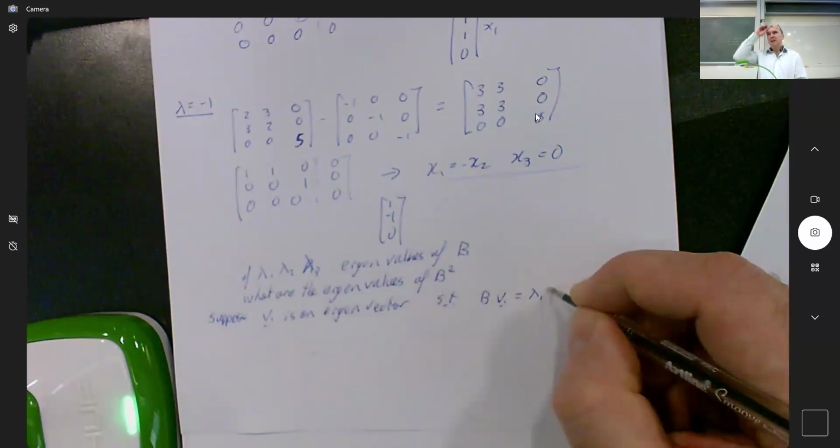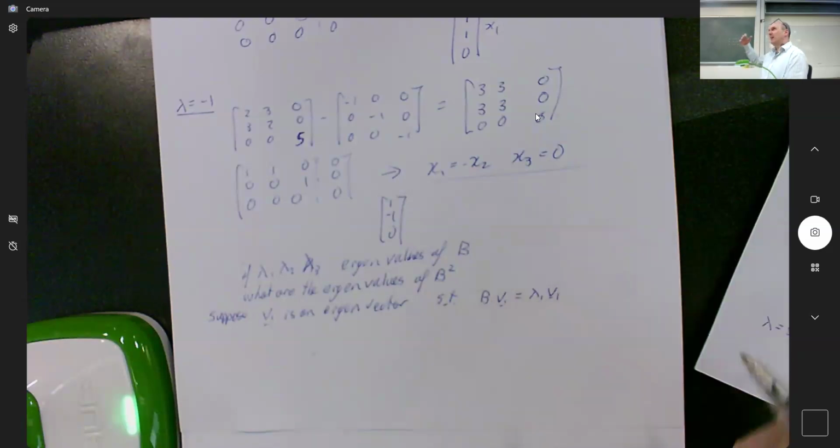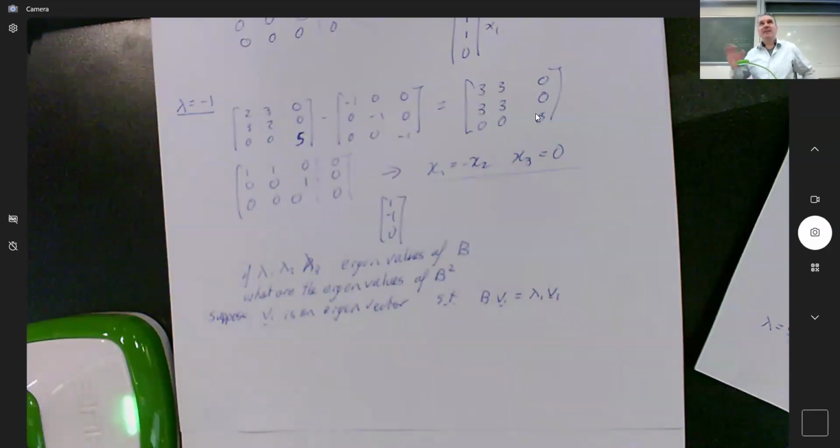All right. Because we're told it has eigenvalues, we can take a guess. We can give an arbitrary name to the eigenvalues, eigenvectors. Sound like a plan.